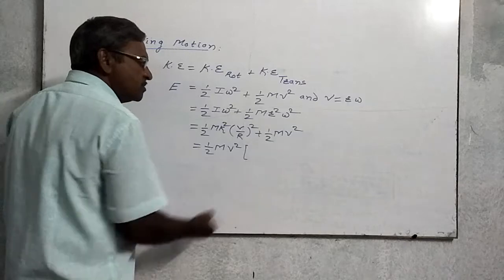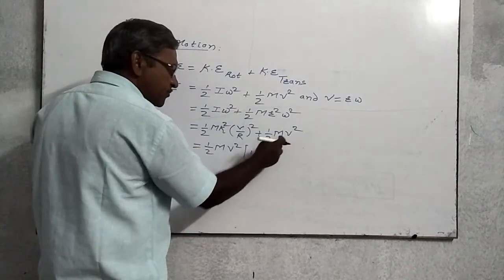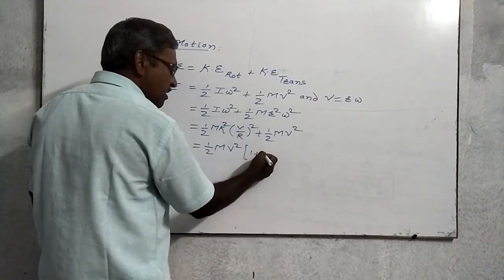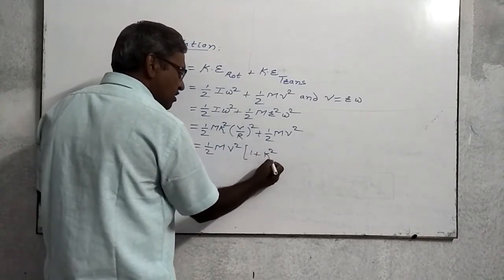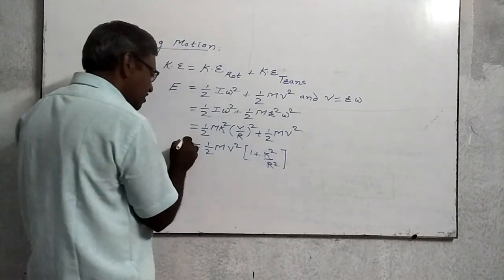So what is here? 1 plus k square upon r square.